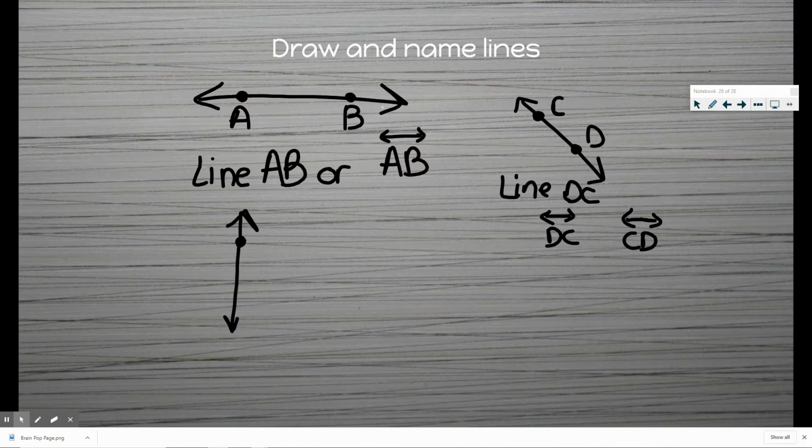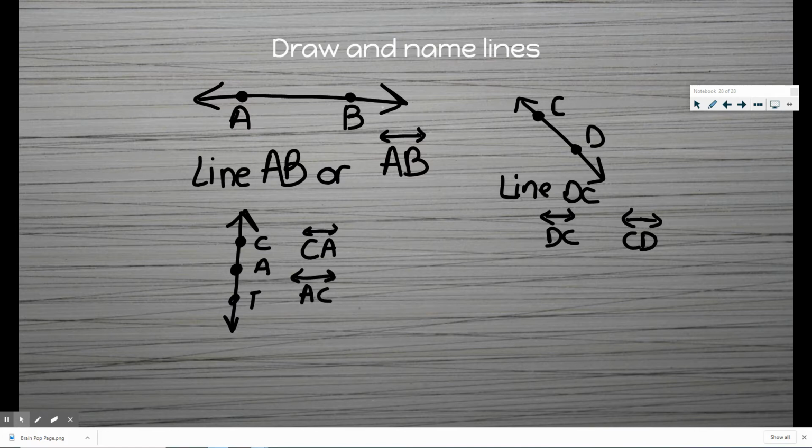So I can have, again, like I said, an infinite number of points on the line segment or lines, and I can name any one of those points. So I would call this line CA. I could call it line AC.